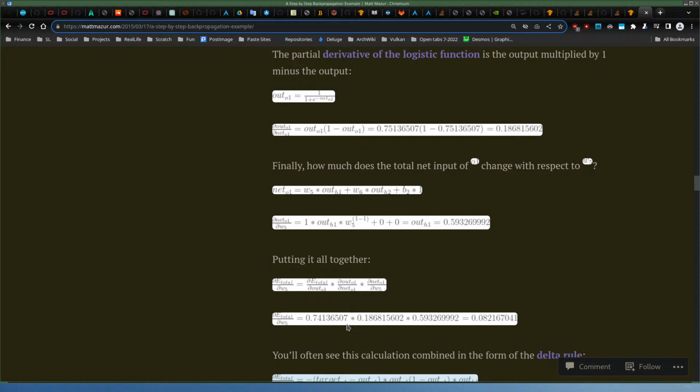They have 1, 2, 3 numbers that they multiplied using the chain rule. Delta E total over delta out O1 times delta out O1 over delta net O1 times delta net O1 over, or D, sorry, it's just D, I think, dW5.